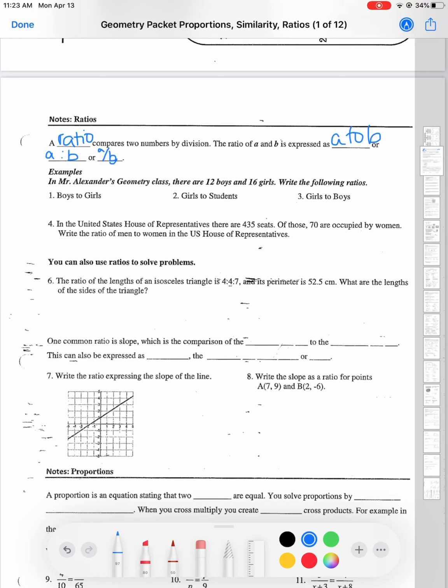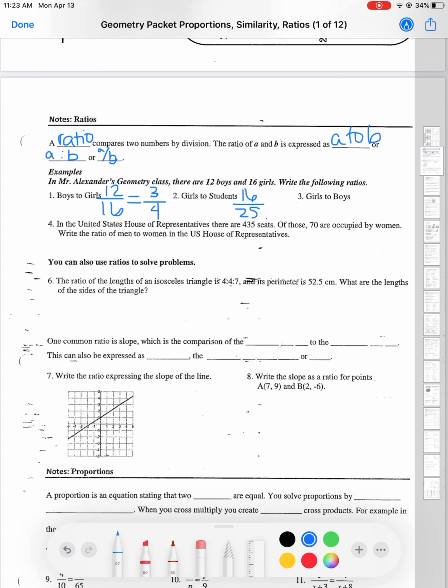In Mr. Alexander's geometry class, there are 12 boys and 16 girls. Write the following ratios. So if it's boys to girls, we would go 12 over 16. And we always simplify. So simplified, that would be 3 over 4. Girls to students. So girls is 16.